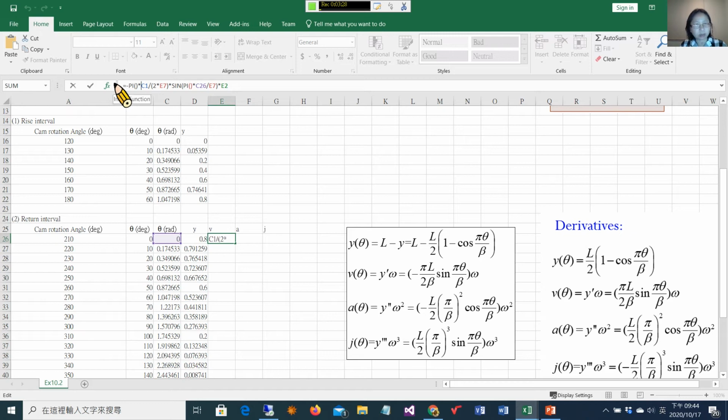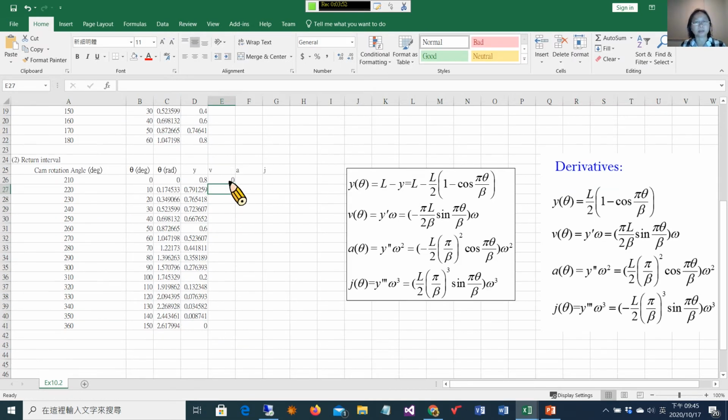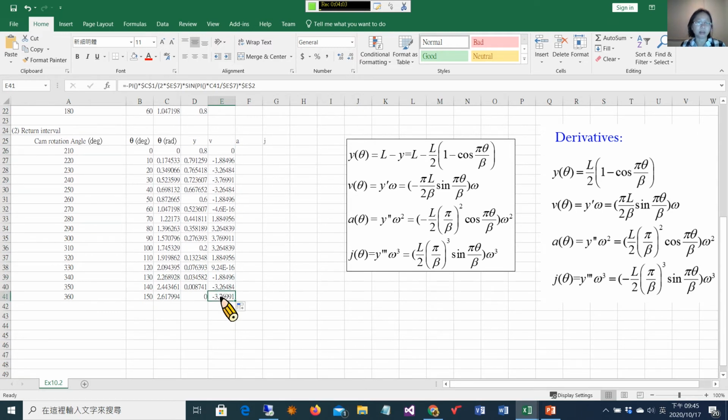So I put a dollar sign here, here, here, and here to get the correct equation, and copy this formula into other cells. So I think it's not correct. Let me check what's happened.